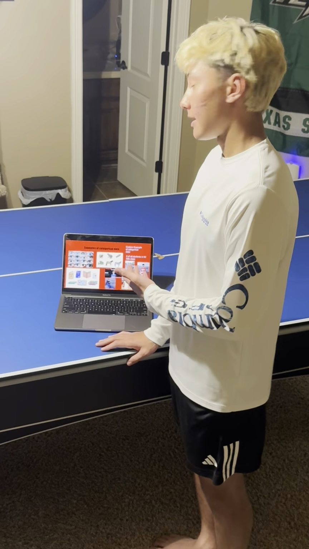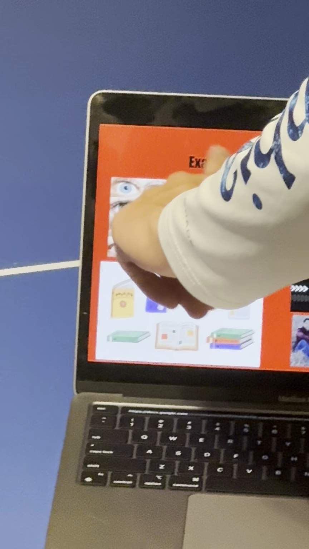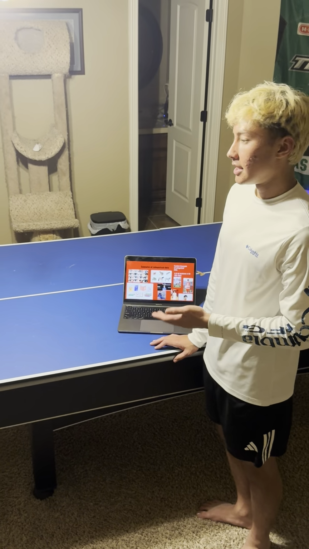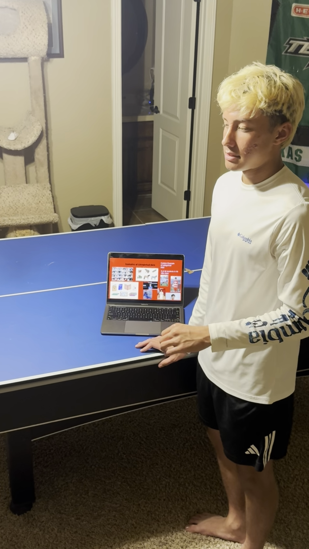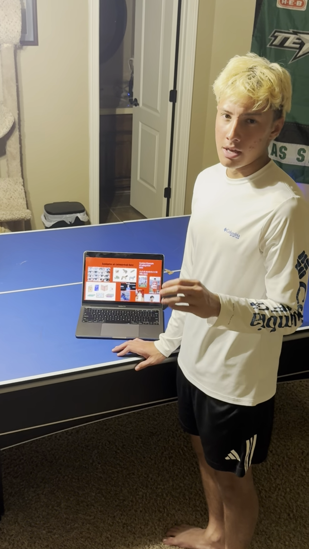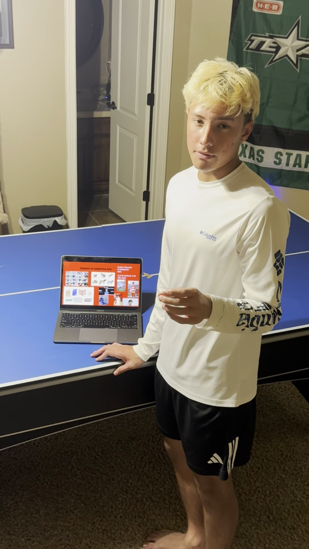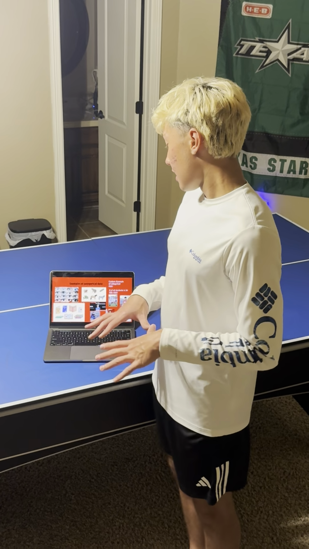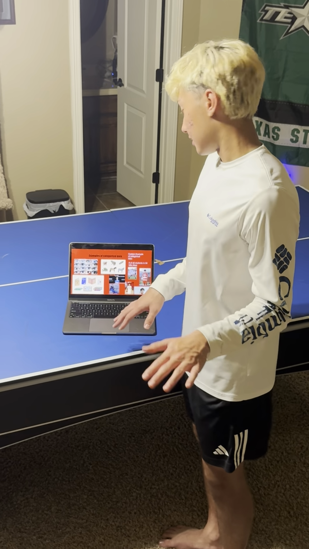Here are some more examples of categorical data. So here we have a large list of eyes. These are different colored eyes. You can't have half of an eye or 1/3 of an eye. You can only have one full eye. An example you could not use as categorical data is a list of numbers like 0.5, 1, 1.25, 1.75, because these are decimals and partial numbers, which you can't have partials of. Categorical data is strictly not this.